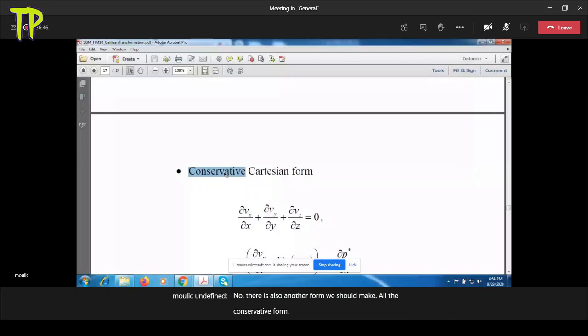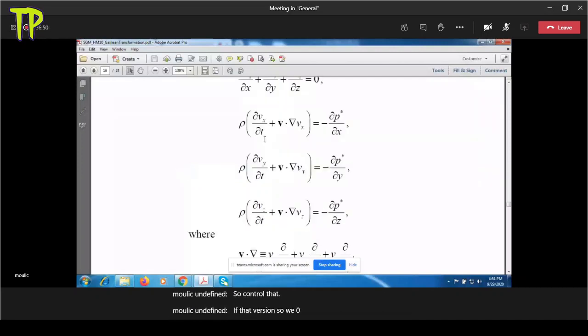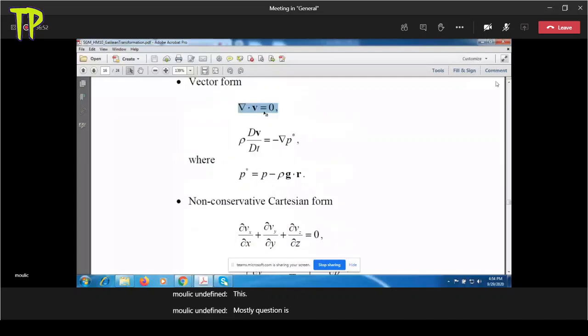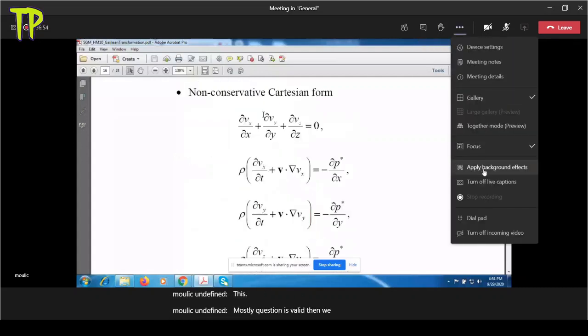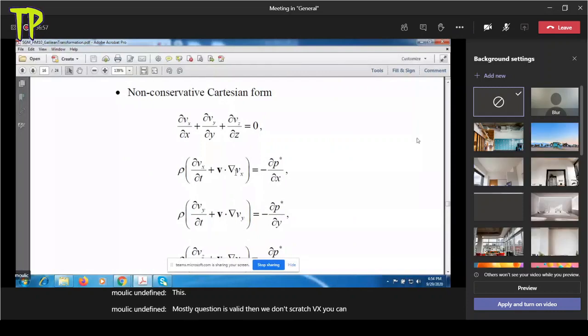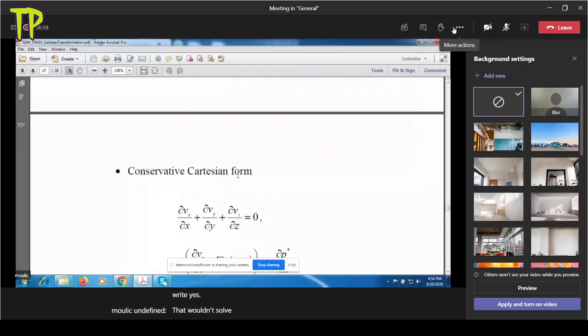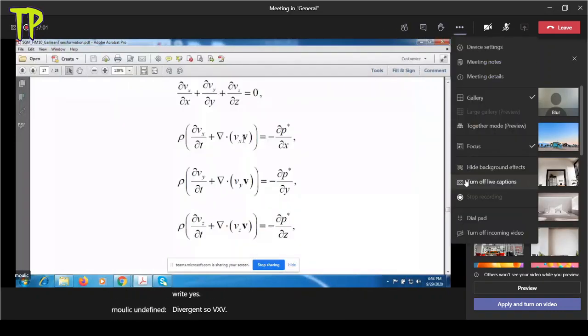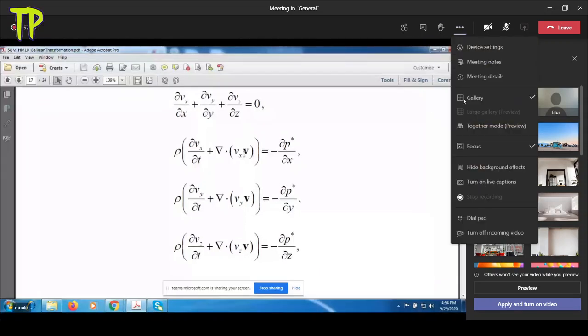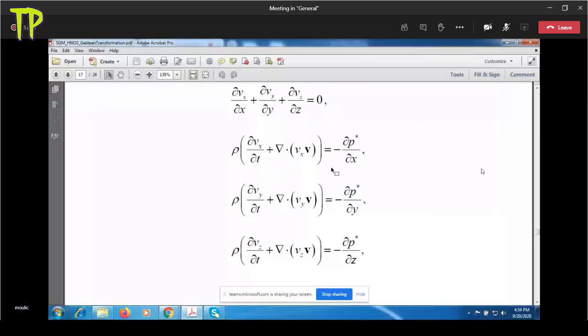You can show that if divergence of V is 0, so the first equation is valid, then V dot grad Vx you can write as divergence of Vx V. In general, of course, you have to subtract off a term, minus Vx divergence of V, but that term is 0.